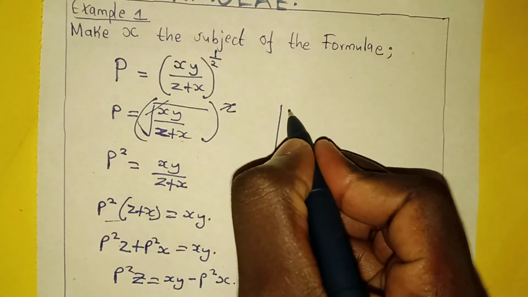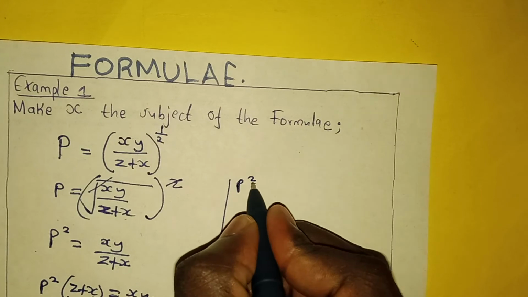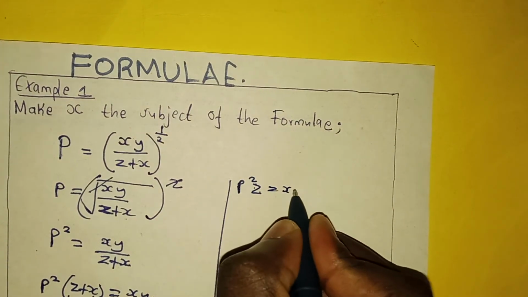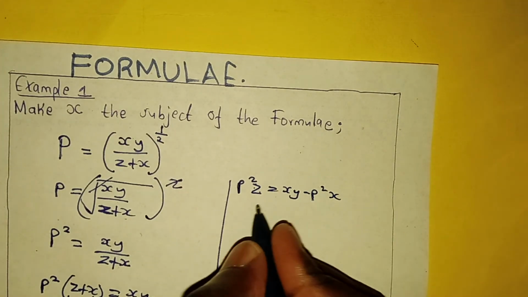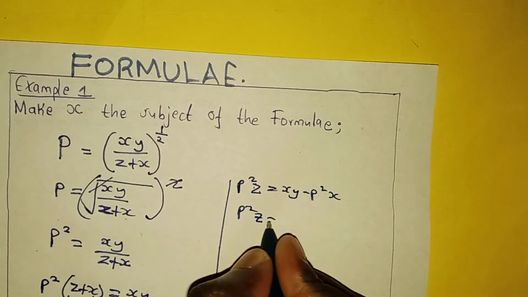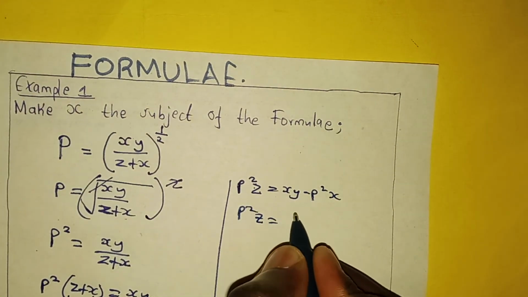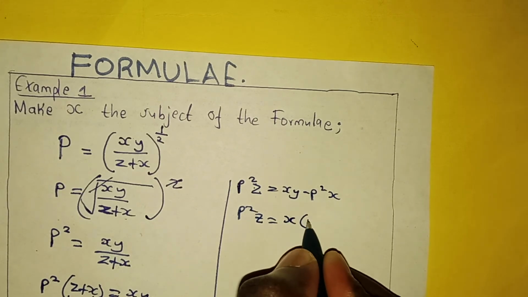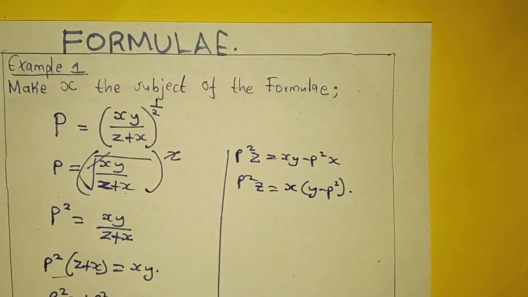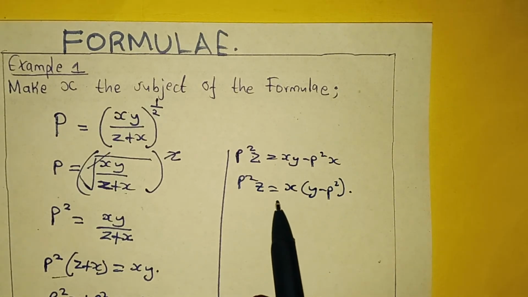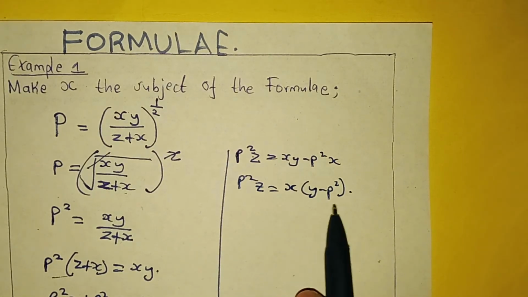So we have p squared z is equal to xy minus p squared x. We expand this one. p squared z is equal to, since x is common, x into y minus p squared. If you want to remain with x on one side, you divide both sides by y minus p squared.